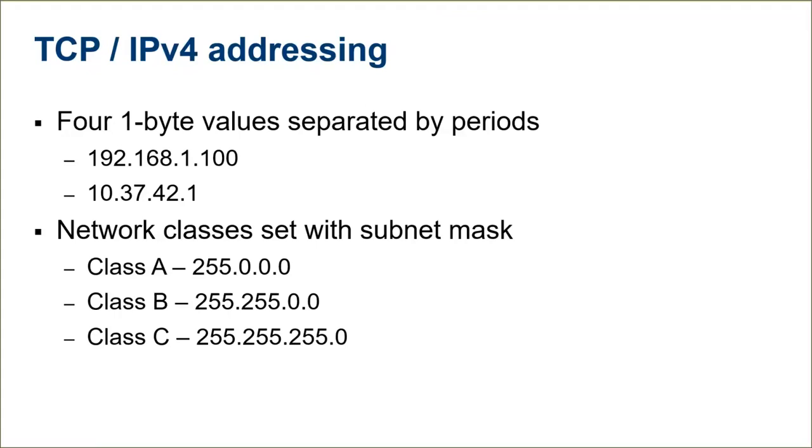So if all the bits are turned off, represented by zeros, when we go to compute the network ID, for example, our IP address of 192.168.1.100 and the subnet mask of 255.255.255.0, if we apply that AND operator to the binary strings, we have 192.168.1.0 as the network ID.